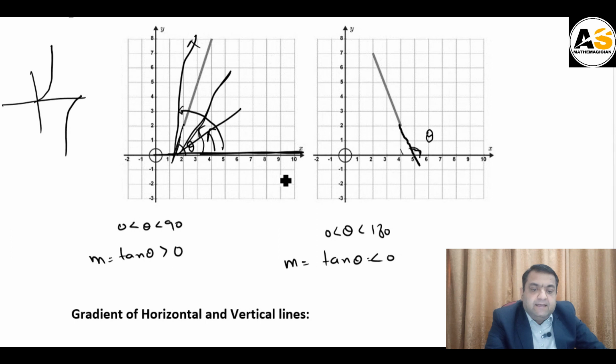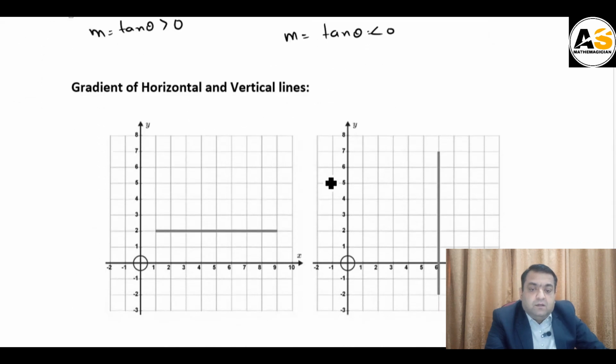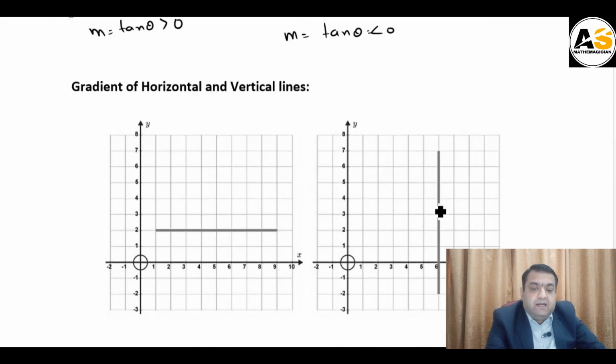But the gradient of the line which is parallel to the x-axis is 0, and for the line which is perpendicular to the x-axis, parallel to the y-axis, this angle is 90 and tangent 90 is not defined, so its gradient will be not defined. Some people say that gradient will be infinity, which is basically mathematically wrong. The gradient will be not defined.